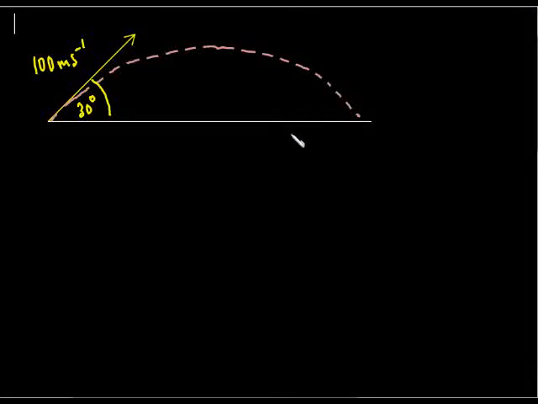Another thing you can be asked in projectile motion questions is the time of flight of the projectile. Once again, there's a couple of key points you need to remember.